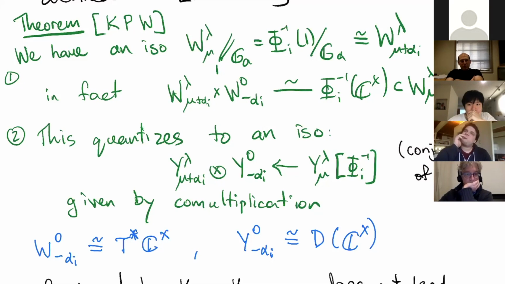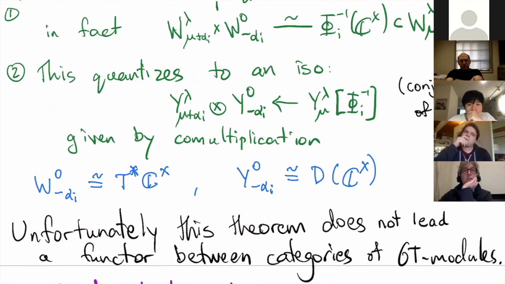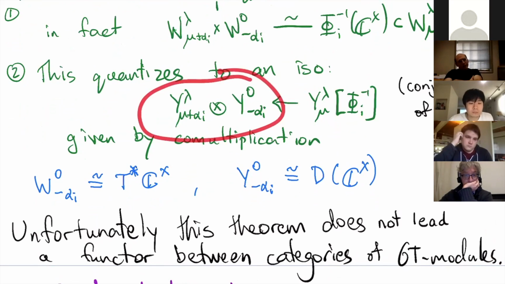So this is a nice theorem, but unfortunately, this doesn't help us. At least I don't see yet how it can help us, because it doesn't lead to a functor between categories of Gelfand-Zetlin modules. The reason is that we have the Gelfand-Zetlin subalgebra here, and if we take a look at its image under this isomorphism, we get a kind of mess on the left side.